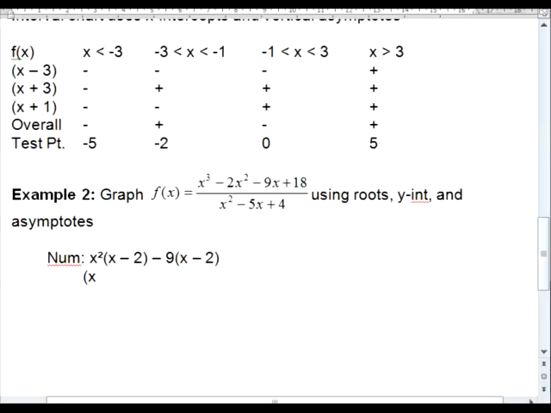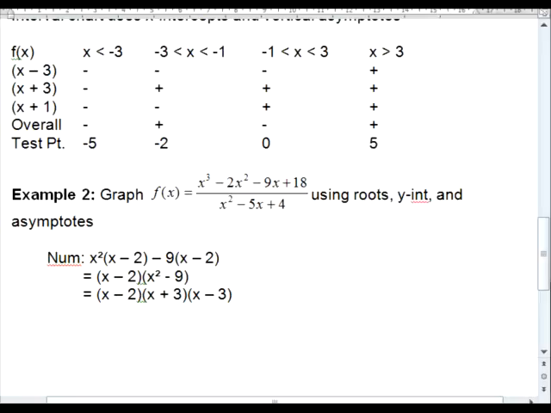So it's going to change into x minus 2 and x squared minus 9, which is equal to x minus 2, x plus 3, x minus 3. That was just a side.